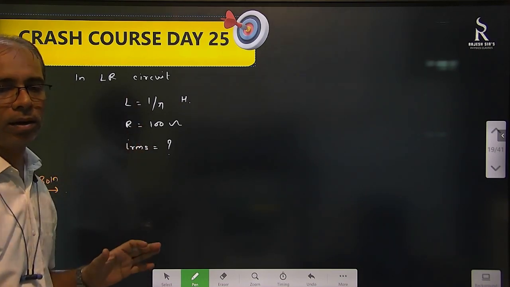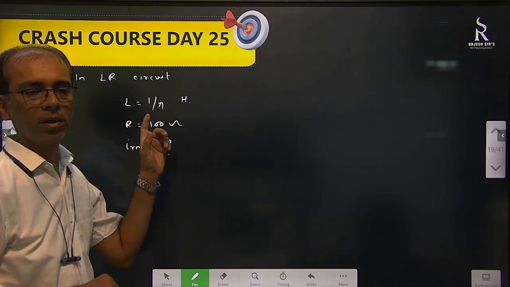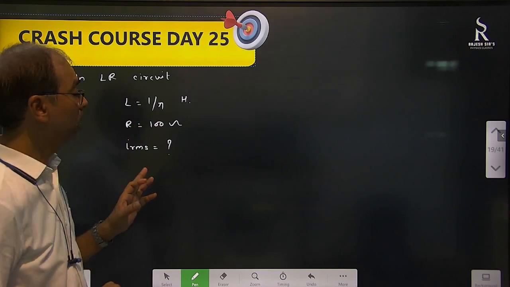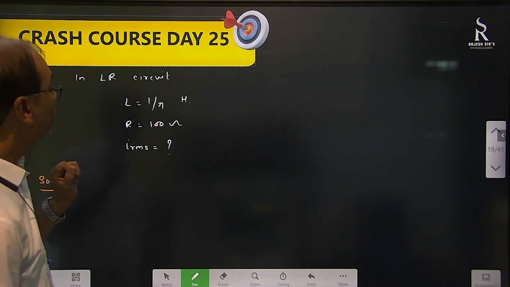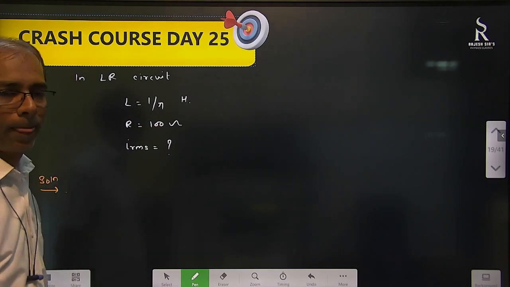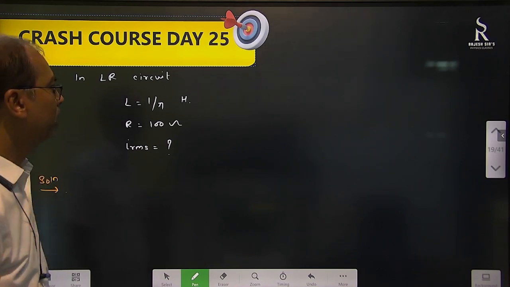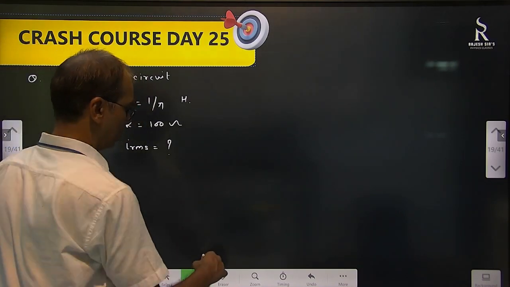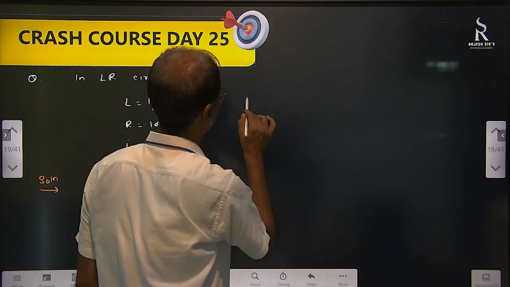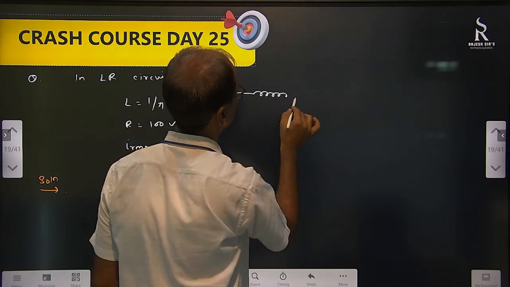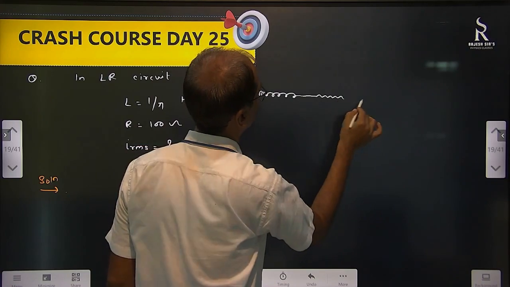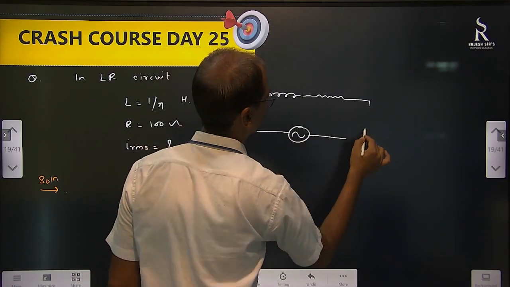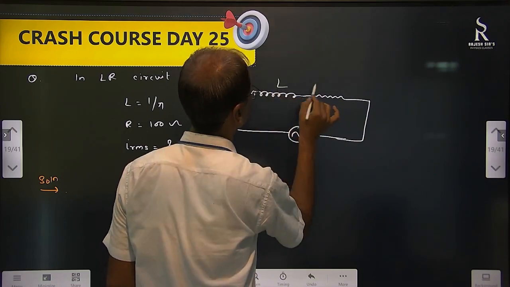So L and R are given, that means the inductor is there and the resistance is also there, but V is not given. So we will take V. Okay, no problem in that. Suppose we make a diagram for this one, here is L, and there is R, and there is the supply.